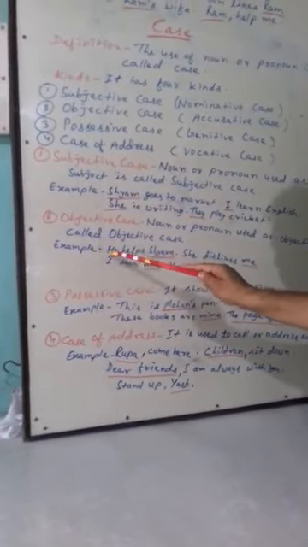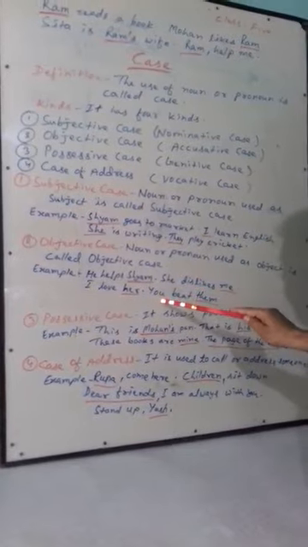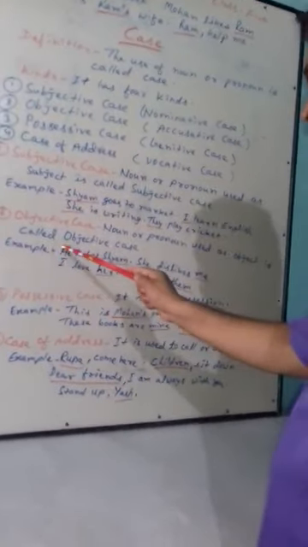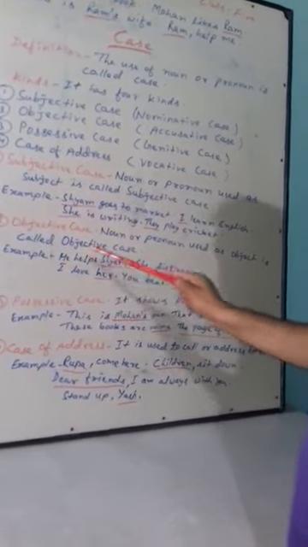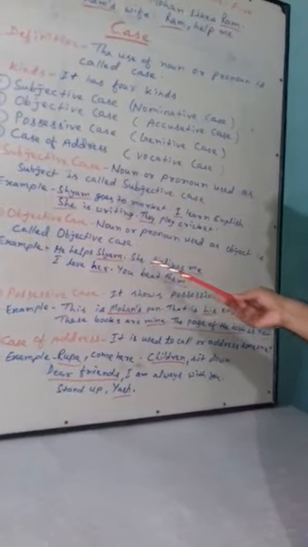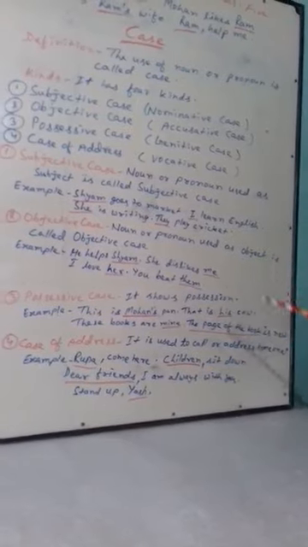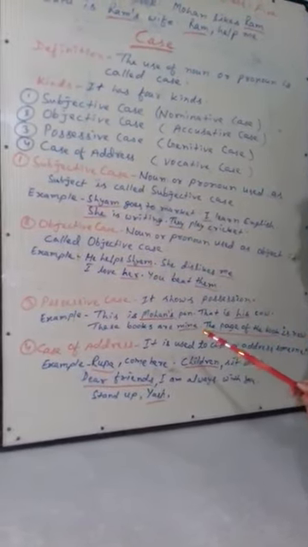Here in these sentences, he, I, she, you are the subject of sentences. So if anyone asks what is the case of he, I, she or you, then we will say it is in subjective case. But Shyam, me, her and them are used as object. So the case of these words is objective.